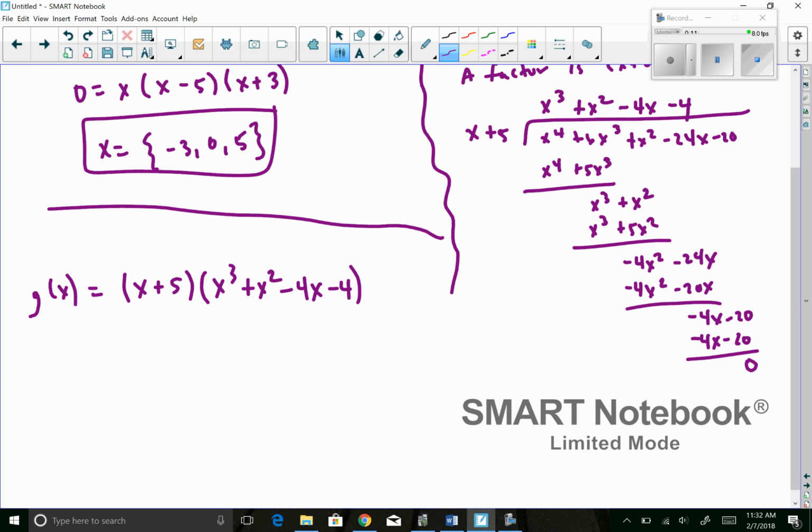Now from here we can continue factoring, or I could even give you a second solution. So if I continue factoring here, I have x squared (x plus 1) minus 4 (x plus 1). So that gives me x plus 1, x squared minus 4, and this x plus 5 comes down.